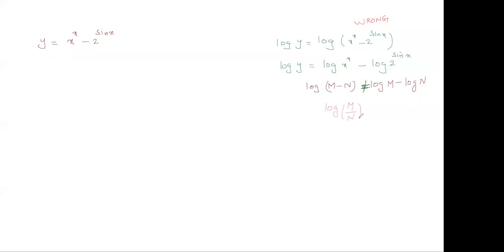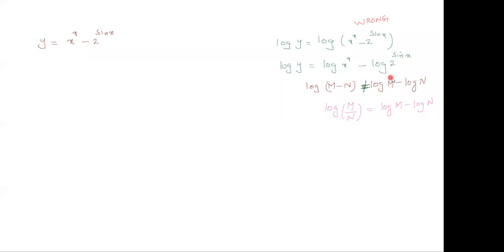Logarithm of a quotient is the difference of their logarithms. I can't write the logarithm of a difference as the difference of their logarithms because there is no such result. It is wrong. So clear? Understood?